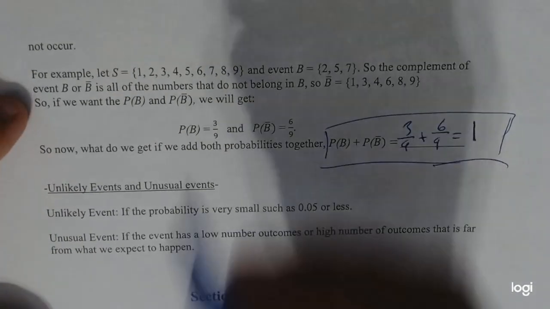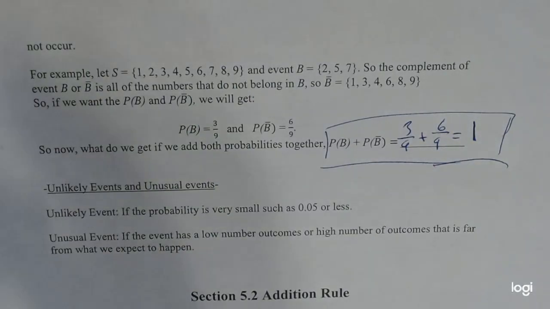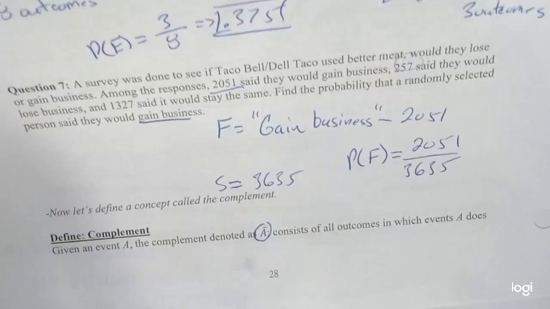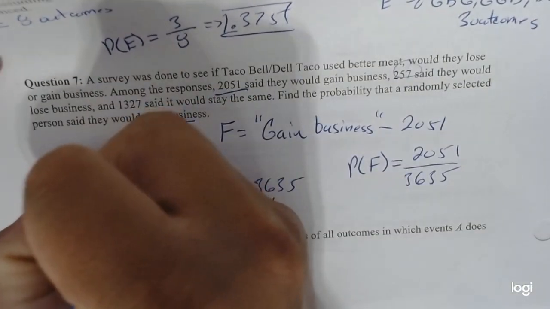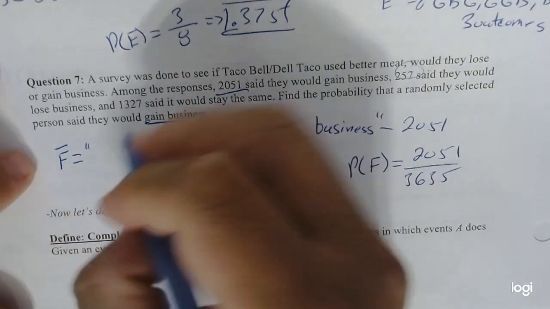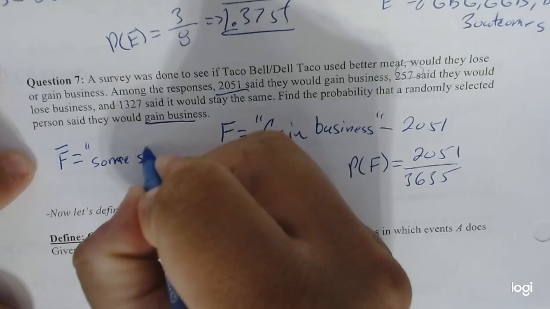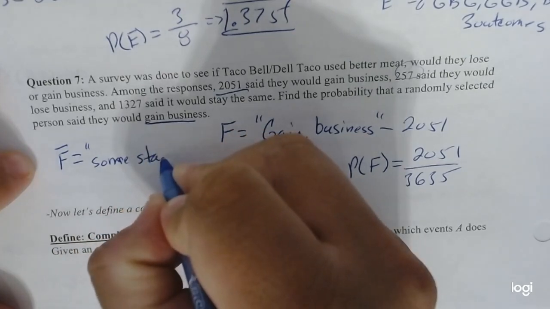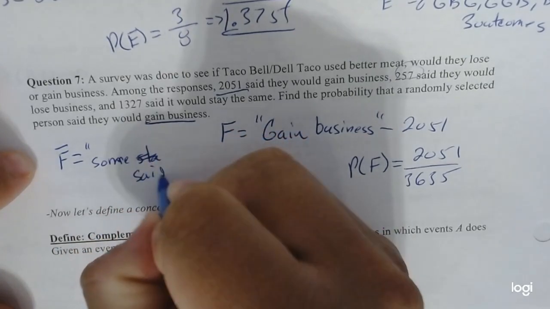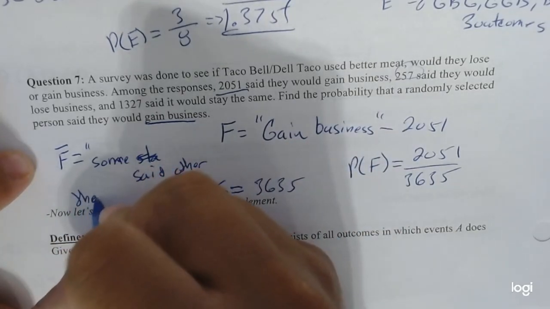It's the opposite of what we have over here. So for example, in the last example, F bar, the complement of F, would be someone who said something other than gain business.